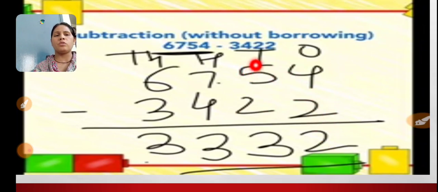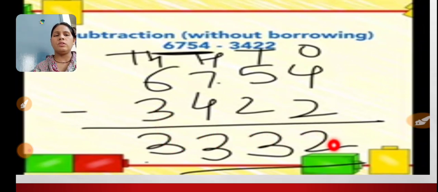Now subtract tens from tens, 5 tens minus 2 tens is equal to 3. Now subtract hundreds. 7 hundreds minus 4 hundreds, which means 7 minus 4 is equal to 3. Now subtract thousands. 6 minus 3 is equal to 3.